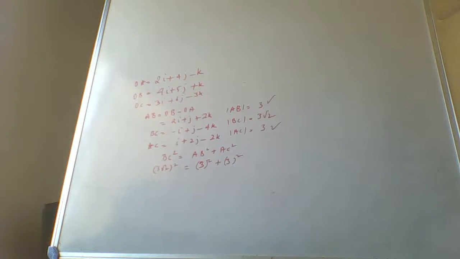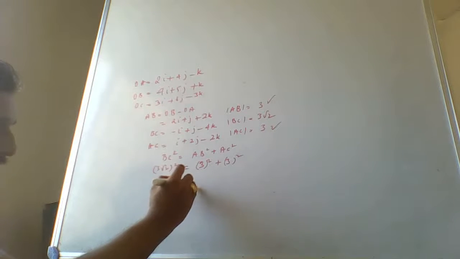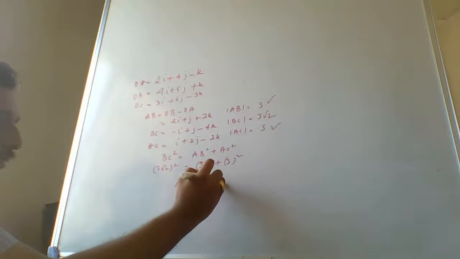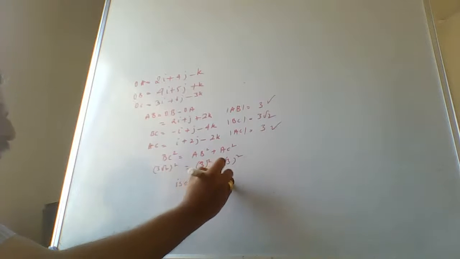So the triangle is isosceles, since two sides are equal and one side is not equal to the others, and it is also a right angle triangle.